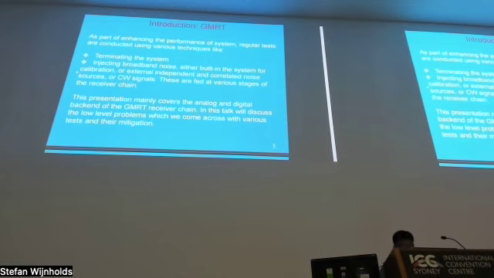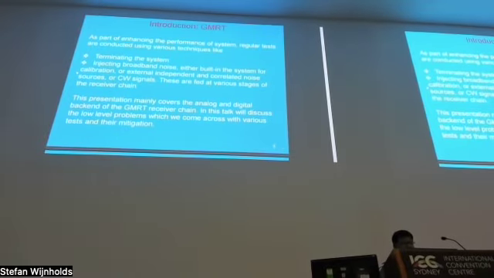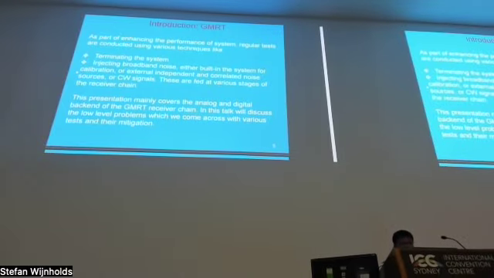To enhance the performance of the GMRT, that is, to fine-tune the system by removing low-level problems, we have conducted tests like terminating the system at various stages and injecting broadband noise, either built-in for calibration purposes or from external independent and correlator noise sources, or CW signals.